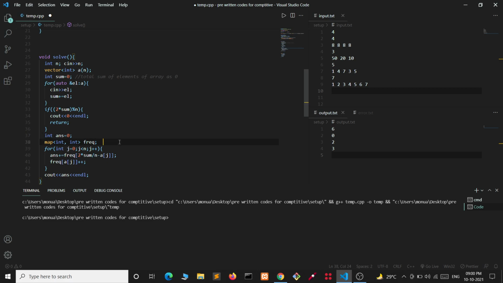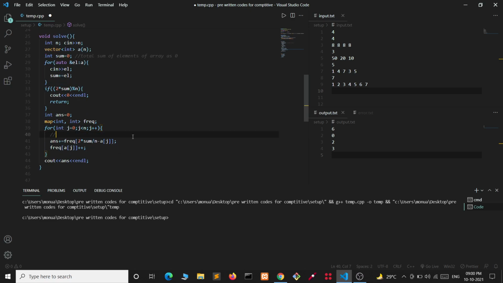Then we take a map for storing the frequency of the elements we have seen till now. We move through each element. In the answer, 2 times sum divided by n, minus aj, is the value of ai we are looking for.